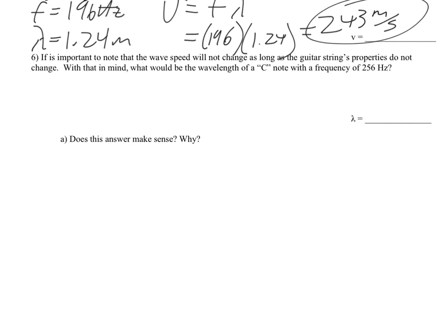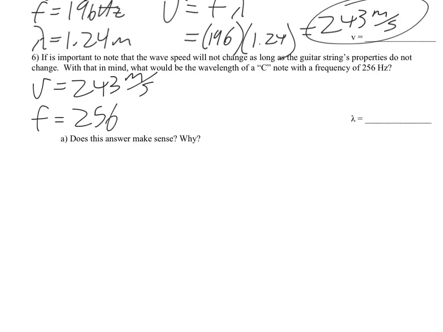Now the last one here says, it is important to note that wave speed will not change as long as the guitar string's properties do not change. With that in mind, what would be the wavelength of a C note with a frequency of 256 hertz? I should have mentioned that it would be on the exact same string. So we know the velocity then is 243 meters per second. The frequency is 256 hertz.